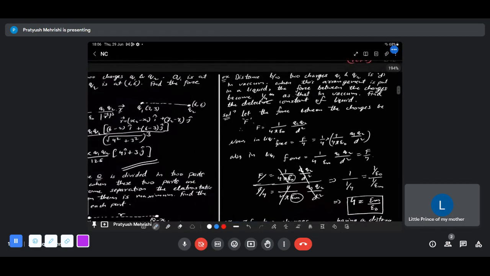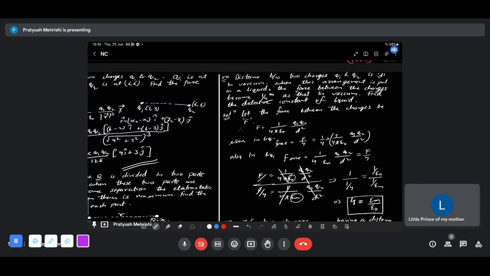See, we need not do anything here. We just know that the ratio of the force is nothing but the inverse of the ratio of epsilon, the relative permittivity and the absolute permittivity of free space.